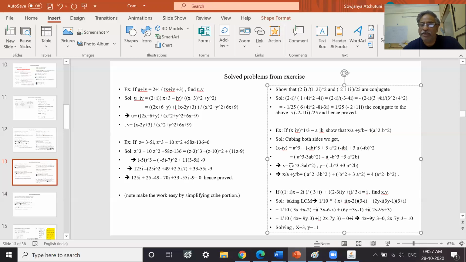So when I'm simplifying and converting to my x and y form, this given is x and I get x and y. So a coming this side, x by a plus y by b is the simplified form. When I simplify the terms, I'm getting 4 into a square minus b square. So here what I have done is a rough method, simply expanded.